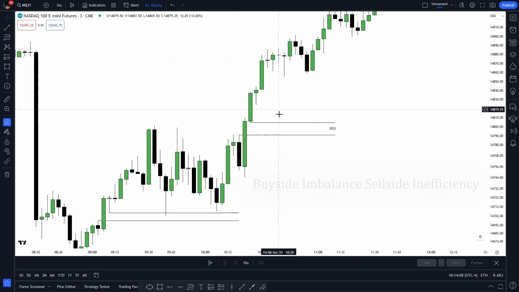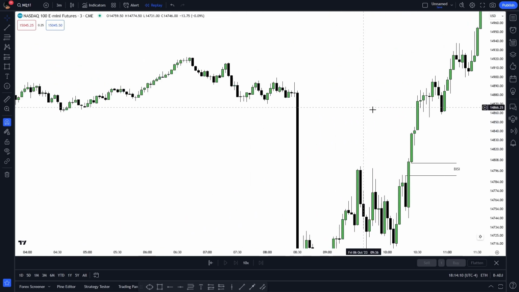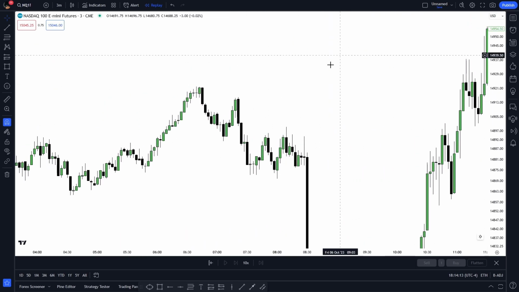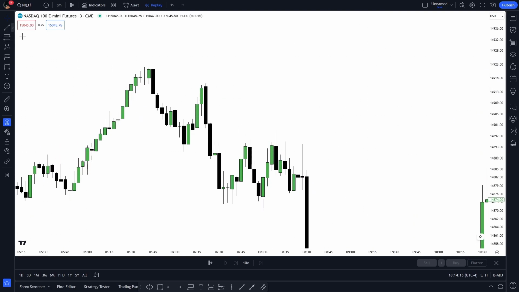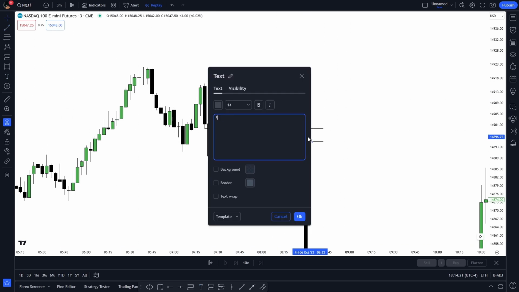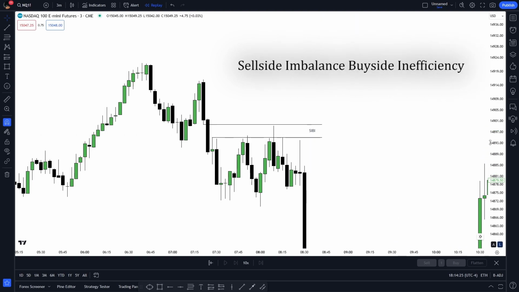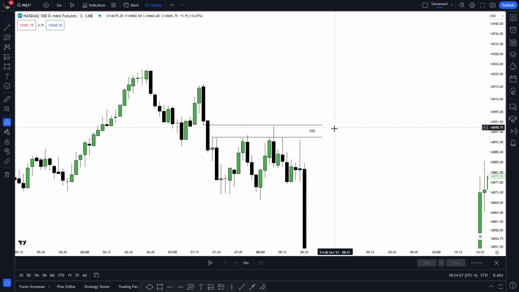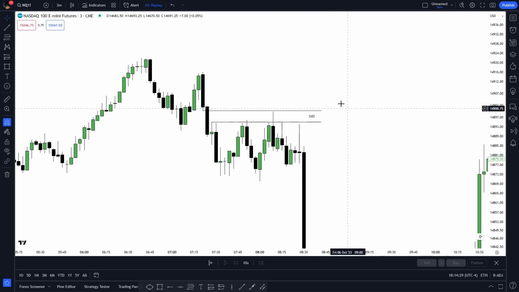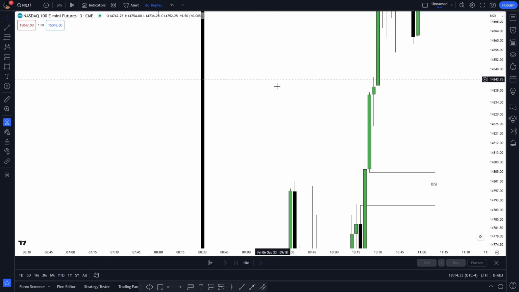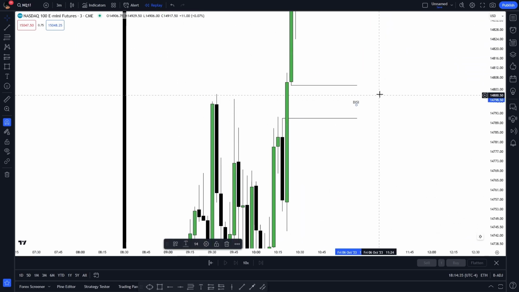That is just a bullish fair value gap. And a bearish fair value gap, there's one right here, could also be referred to as a SIBI, okay? A sell side imbalance, buy side inefficiency. So I just wanted to clear that up real quick in case you've heard somebody talk about this. A SIBI is just a bearish fair value gap, and a BISI is just a bullish fair value gap.